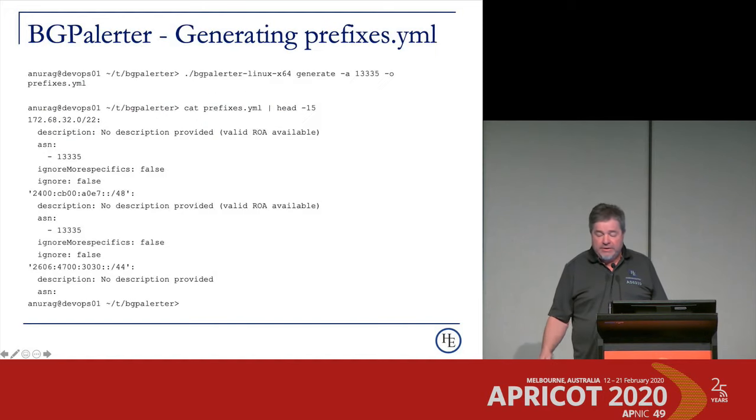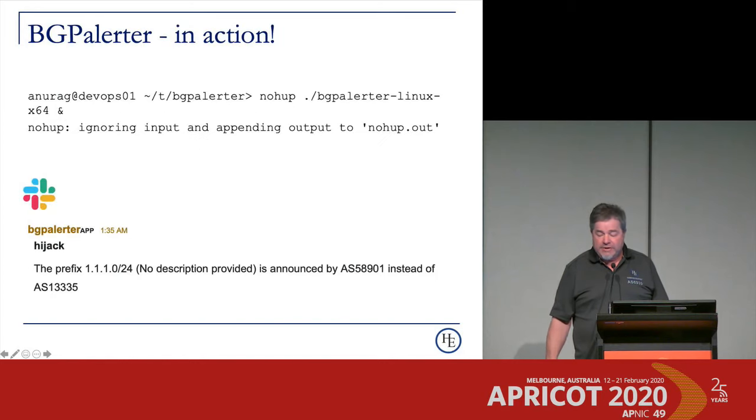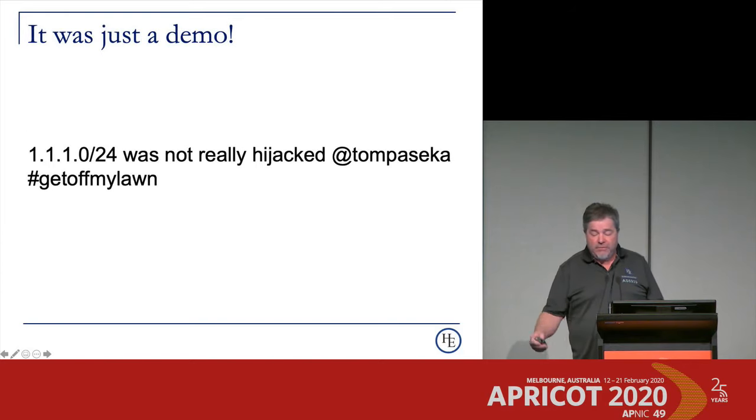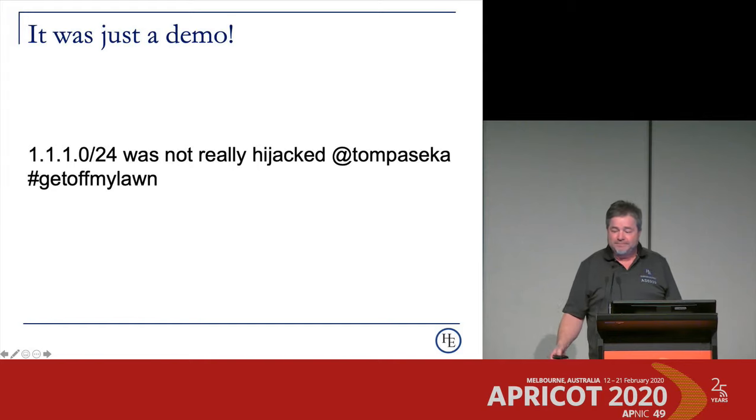And so what we did is that we advertised 1.1.1.0/24 in a test environment, and it worked. So it's very straightforward. There's no reason why any IX operator in this room should not be running it, because it's your responsibility to keep the rest of us safe, because if you have the ability to turn off a port, people are going to listen. So it wasn't really hijacked, Tom. Just want to let you know, and so get off my lawn.